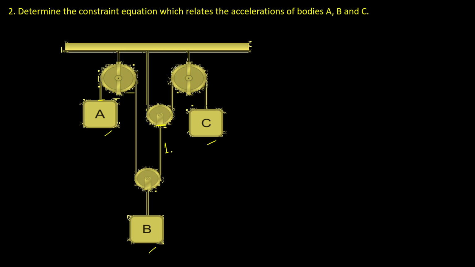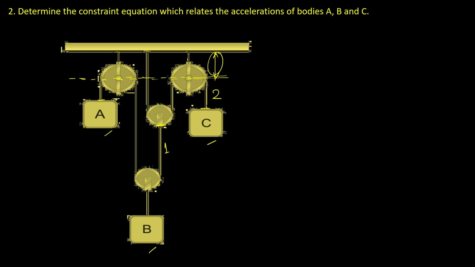I am letting this length of the string be 1. And this string, starting from C and going from here up to here, I am letting be 2. Why am I considering only up to here? Because this is actually the common length, from here to here, then from here to here, and then from here to here.